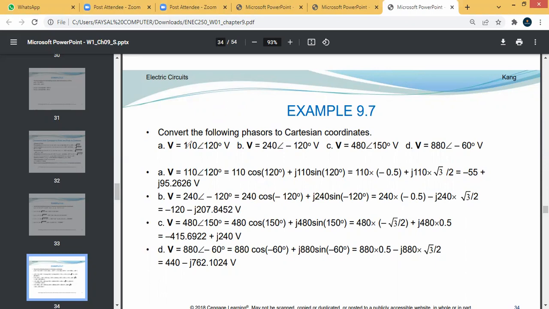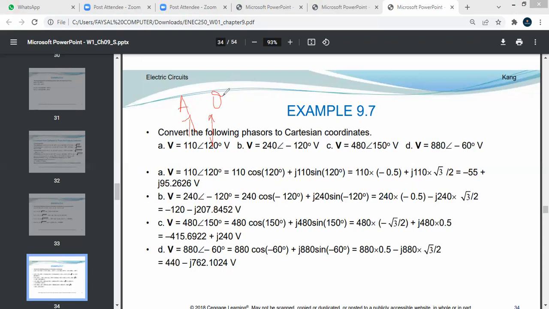So again, this is my A value, and this is my 120. 120 is my theta, or phase difference value.